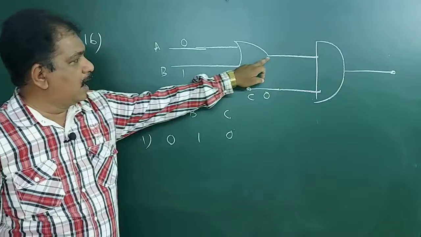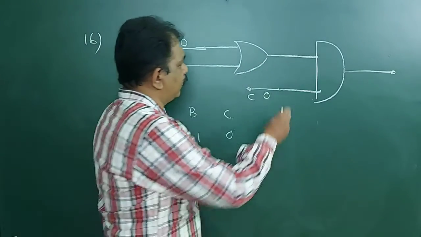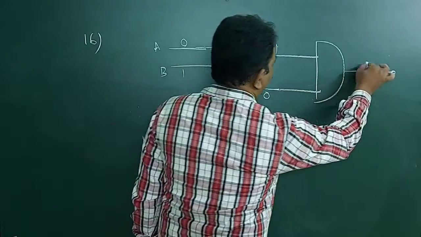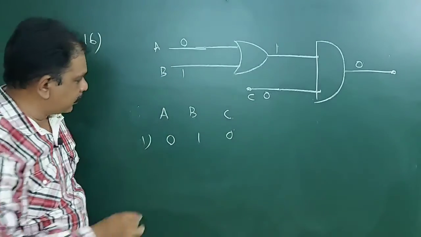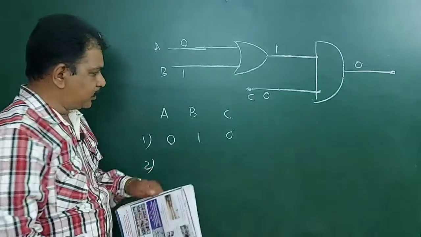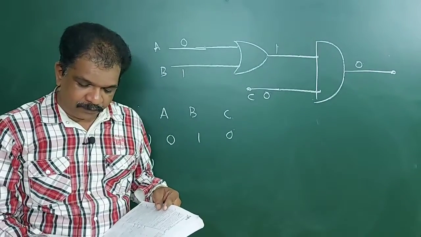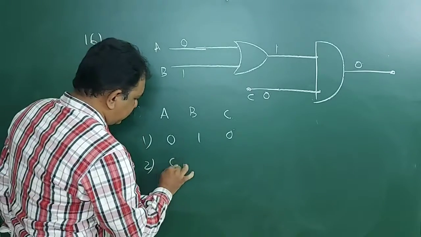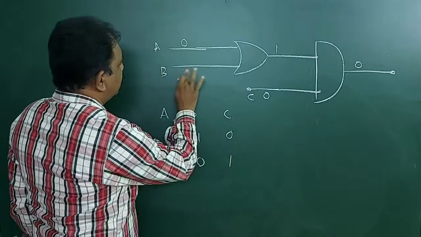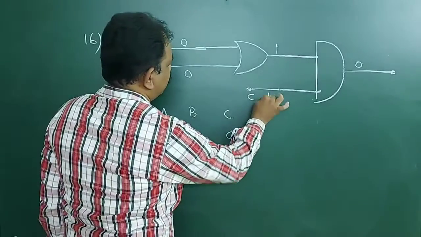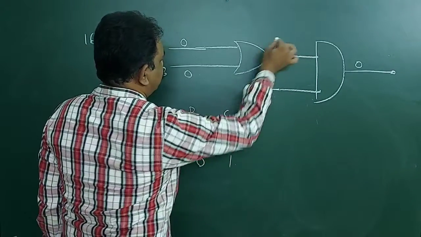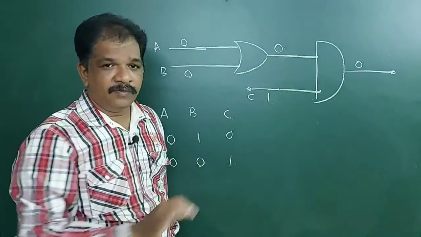For 0, 1, the OR gate output will be 1. Then 1, 0 in the AND gate, the output will be 0. So here it is not coming. Second option values they gave 0, 0, 1. Here the output will be 0, and again the output will be 0.